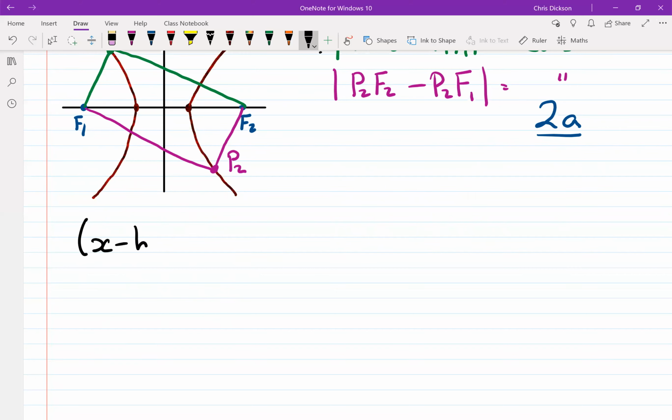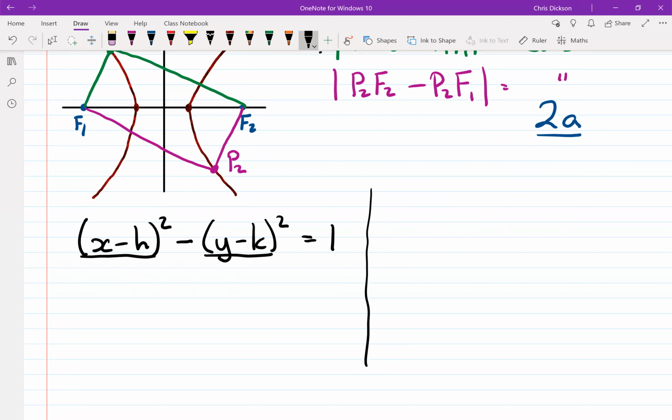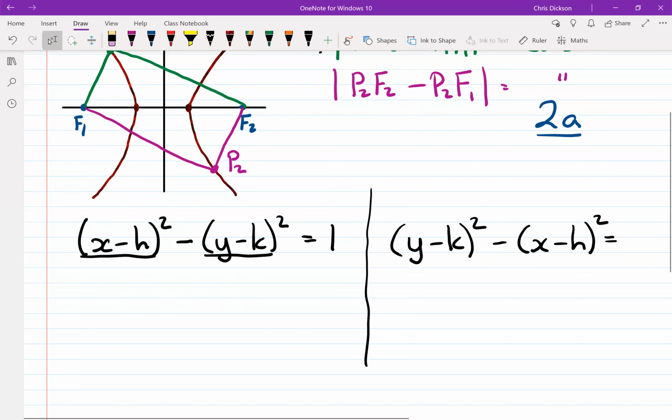So x minus h all squared. We've seen things like that before. And now we do minus y minus k all squared over, and then equals 1. And then you can also have y minus k all squared minus x minus h all squared equals 1.